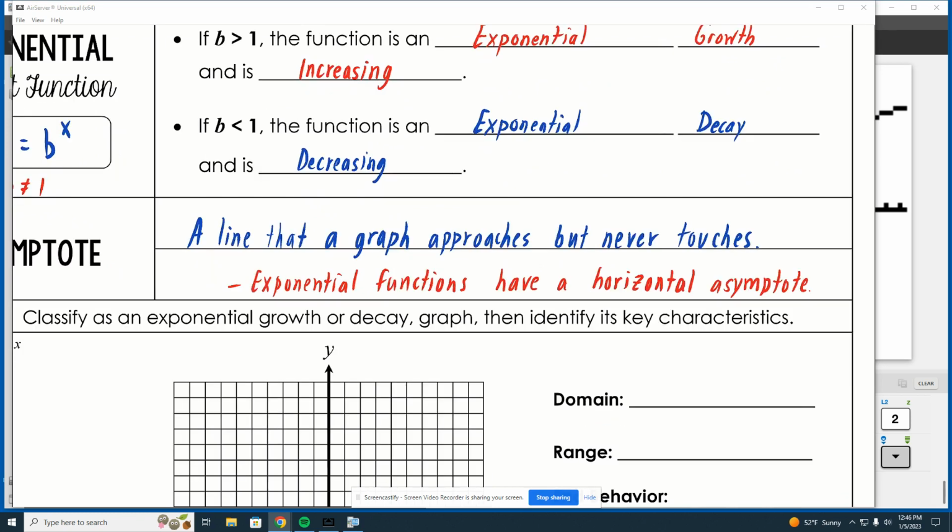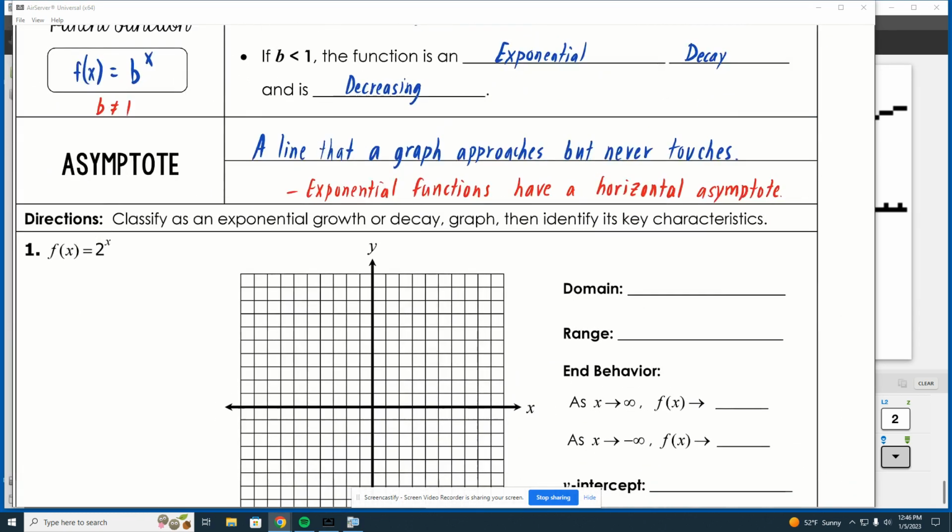Now we're going to talk about this. Y'all are going to actually give me the answer in just a second. If an exponential function has no transformation whatsoever, then your horizontal asymptote is the x-axis.